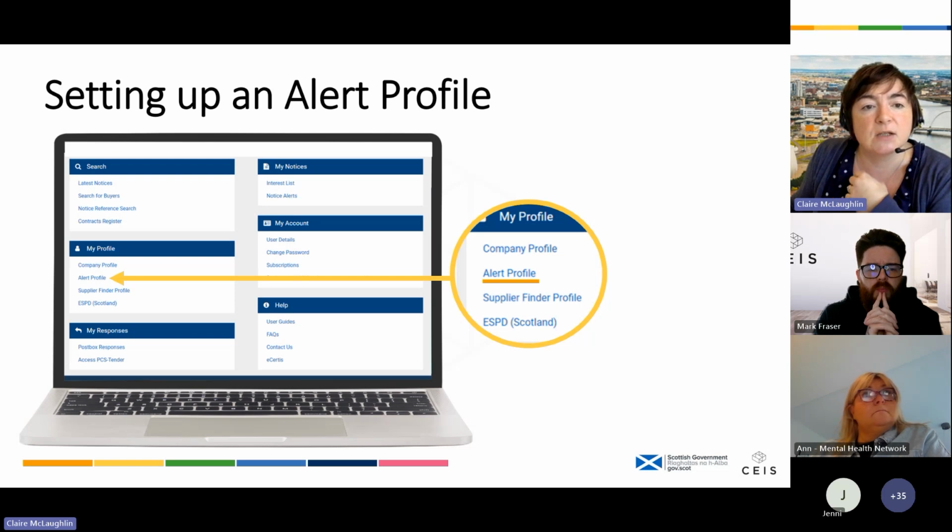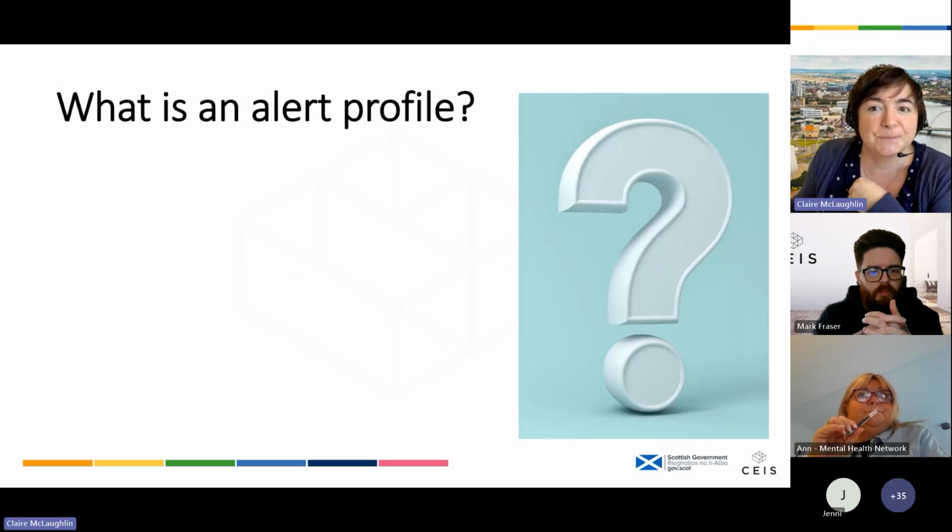That's the information that you put in when you first registered. And the next option then is alert profile. So you really want to be ticking on alert profile because you want to be setting up an alert profile. So before I keep using jargon, let me explain what is an alert profile.